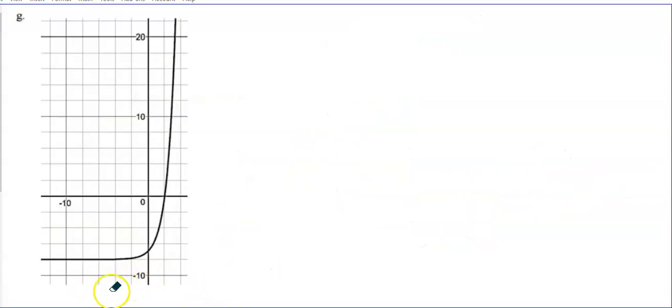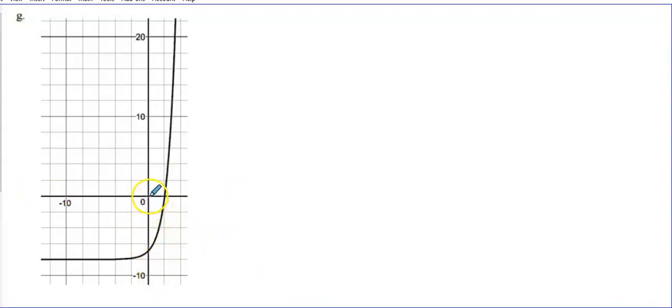Okay, so this is an exponential function, and I want you just to notice one thing, especially this from 0 to 10 is 5 spaces. So they're counting by 2, so it looks a little steeper than it normally would. The only thing that's happened to this exponential function, I'm going to tell you, is that it's been moved down. It hasn't been moved left or right.